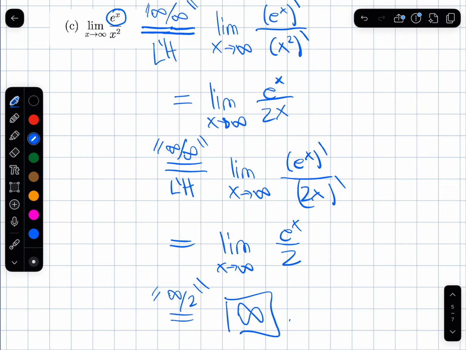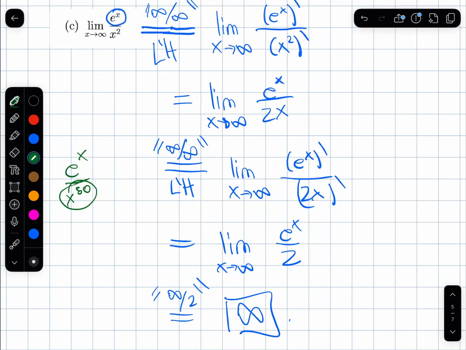The third takeaway is that this is going to happen every time. Every time I have an exponential function divided by any polynomial, x to any power, even to the power 50, you take the derivative of the top however many times you want, it remains e to the power x. But if you take the derivative of the bottom enough times, it's going to become 49, 48, 47, 46.